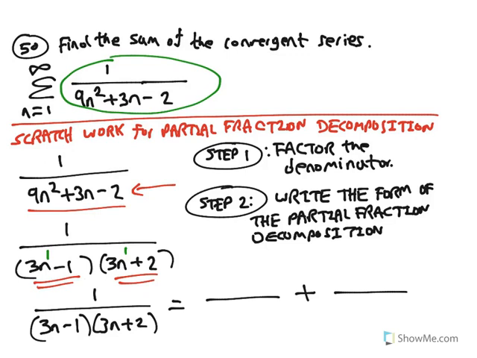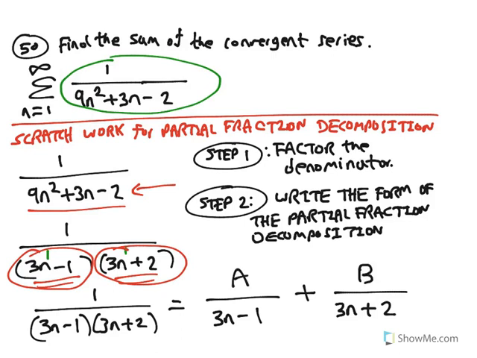So you will have one partial fraction for the linear factor 3n minus 1, and the denominator of that partial fraction will be 3n minus 1. And you'll have another partial fraction for the linear factor 3n plus 2, and the denominator of that partial fraction will be 3n plus 2. The numerator of each partial fraction will be constants.